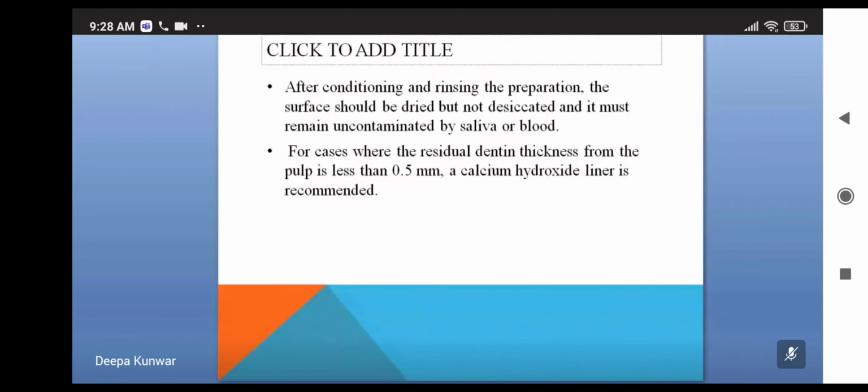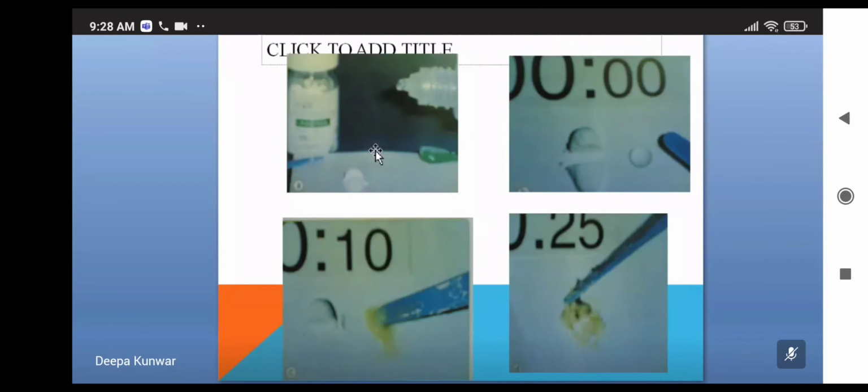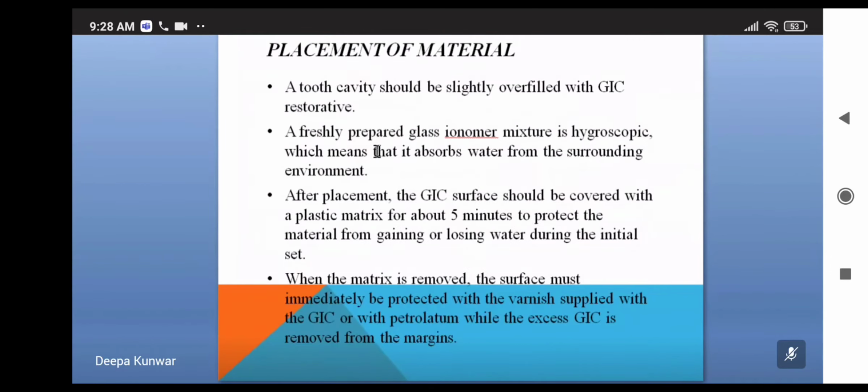That conditioning of the tooth removes the smear layer present in the cavity. After that we again clean the area with a cotton pellet and we apply the glass ionomer cement in the prepared cavity.